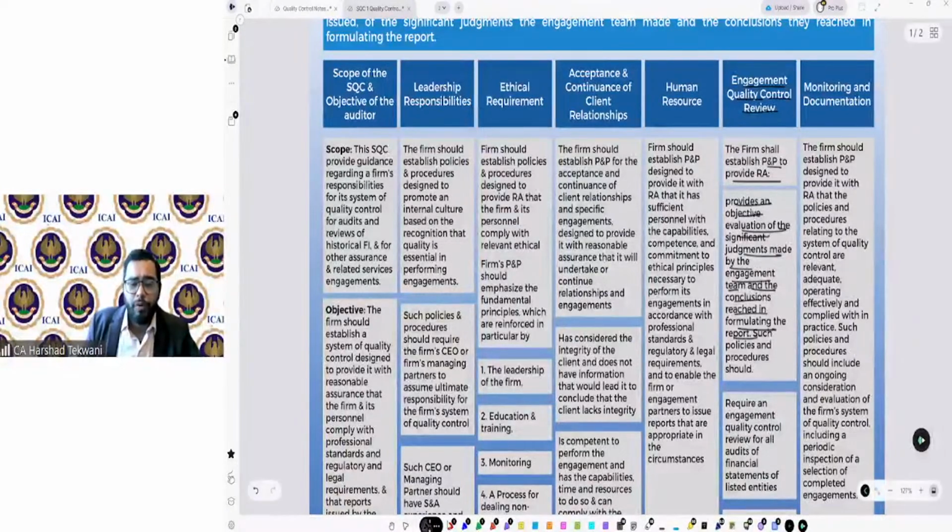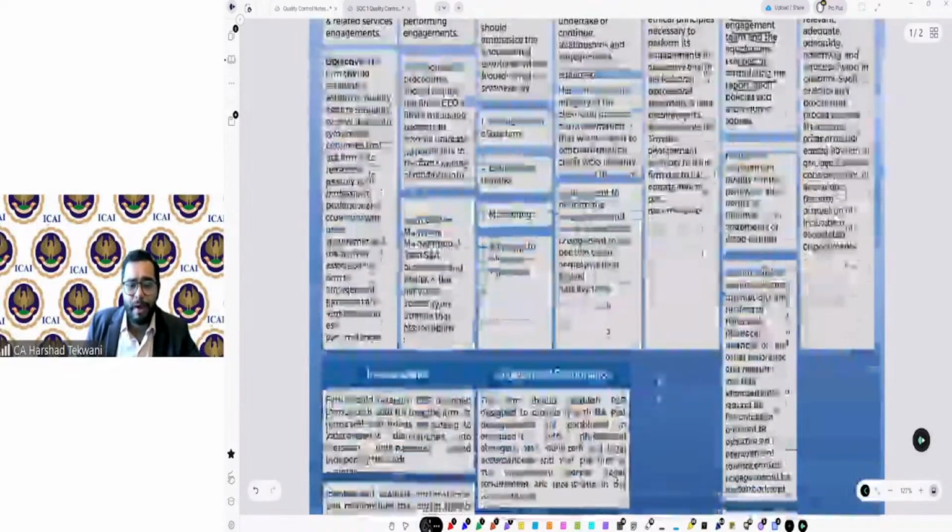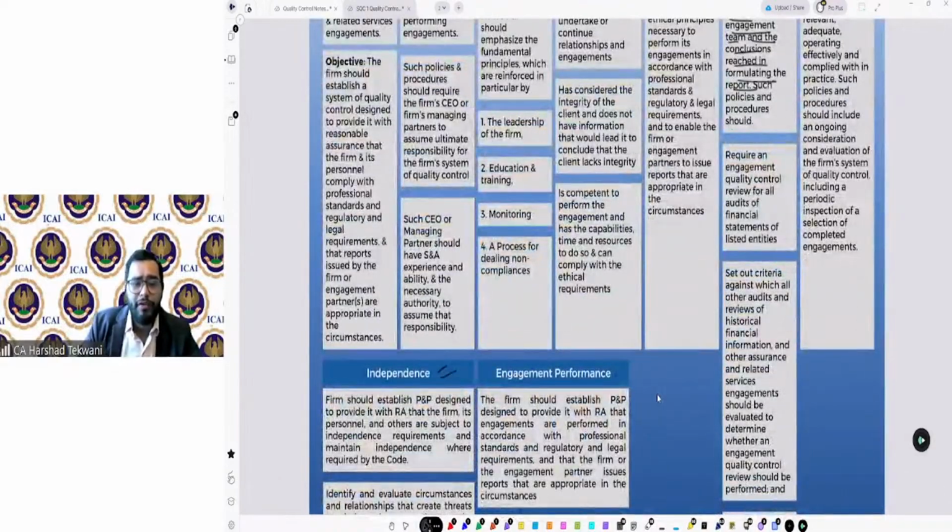Such policies and procedures require an engagement quality control review for all the audits of listed entities. It means SQC1 is saying that for all listed entities, you should have an EQC, engagement quality control review.